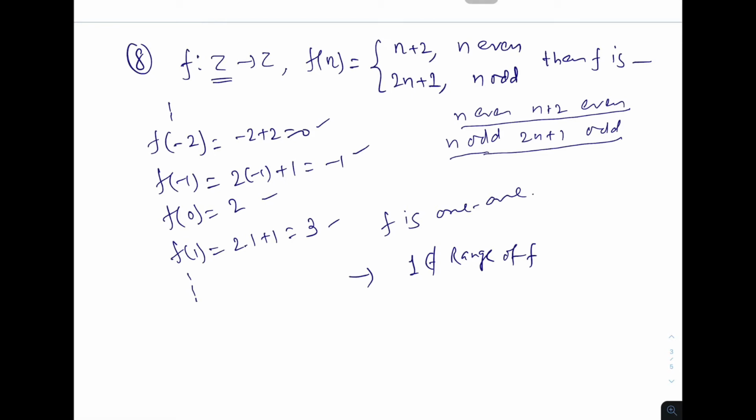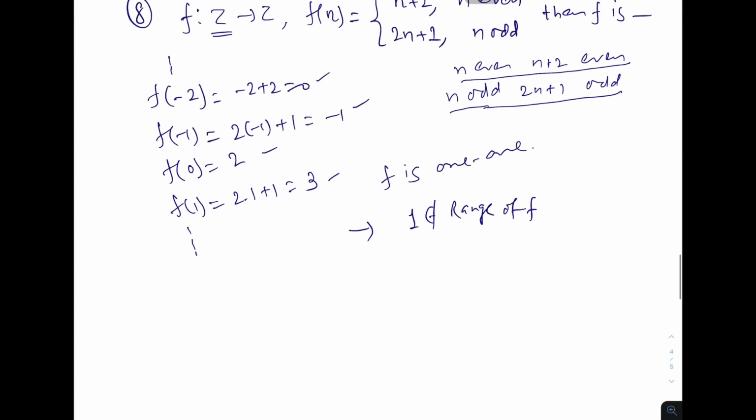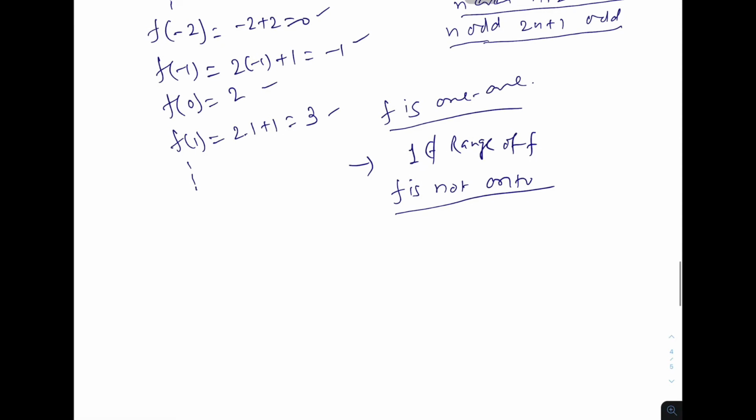So 1 is not in the range, minus 3 suppose, then 1 is not there. So that means f is not onto. So f is 1-1 but not onto.